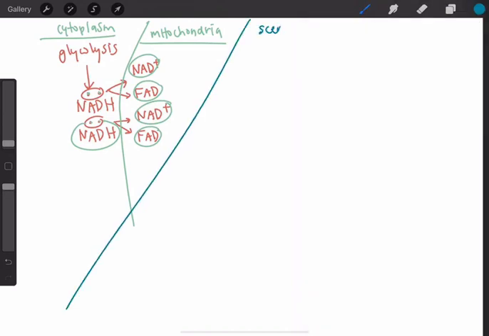So scenario 1 is where both of these NADH pairs of electrons are donated to NAD plus molecules, which means that you have created 2 NAD plus molecules, each carrying 2 electrons.